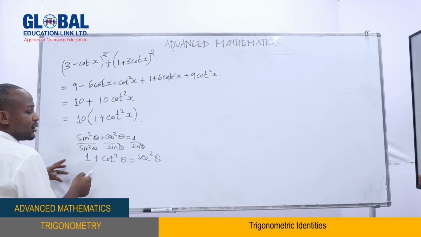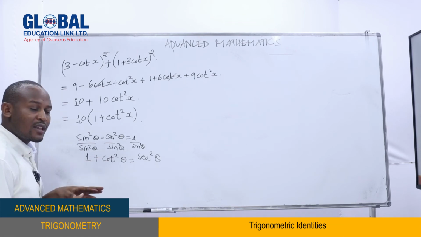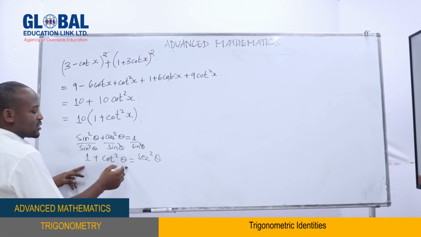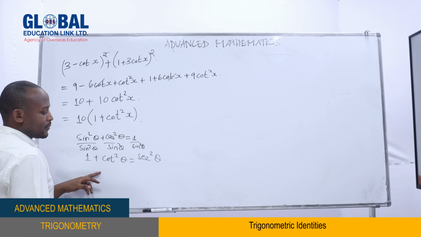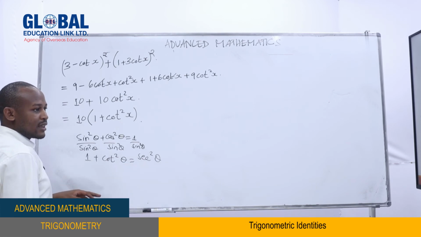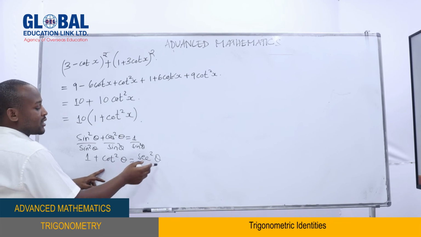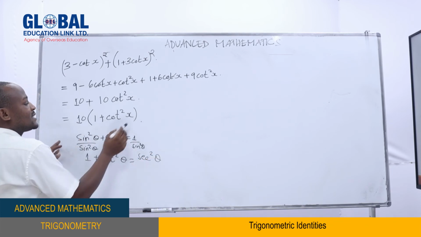When you are doing your questions, you cannot do this every time. Just remember that 1 plus cot square theta is equal to cosec square theta, and then you just write it there.